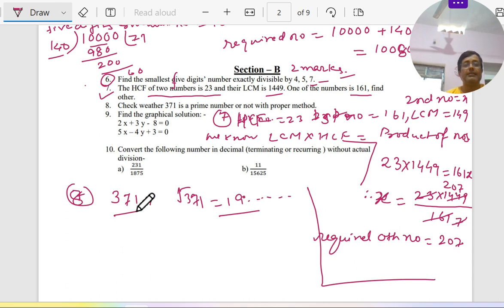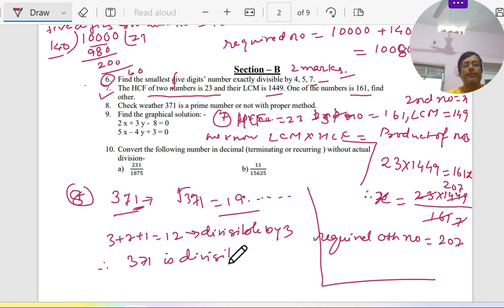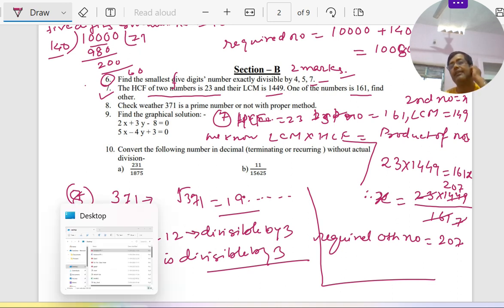So now we check that since it ends in 1, it is not divisible by 2, but if you take the sum of the digits you will get 3 plus 7 plus 1 is equal to 12, which is divisible by 3. Therefore 371 is divisible by 3. We can write this in this way also: 3 is a factor of 371.